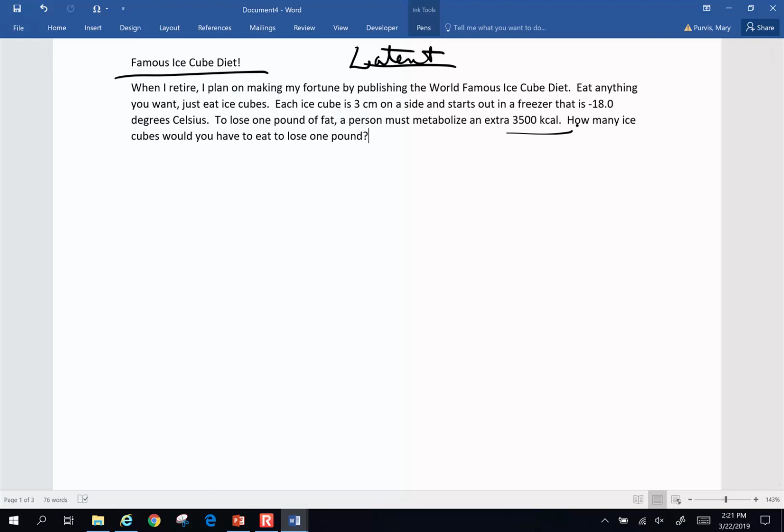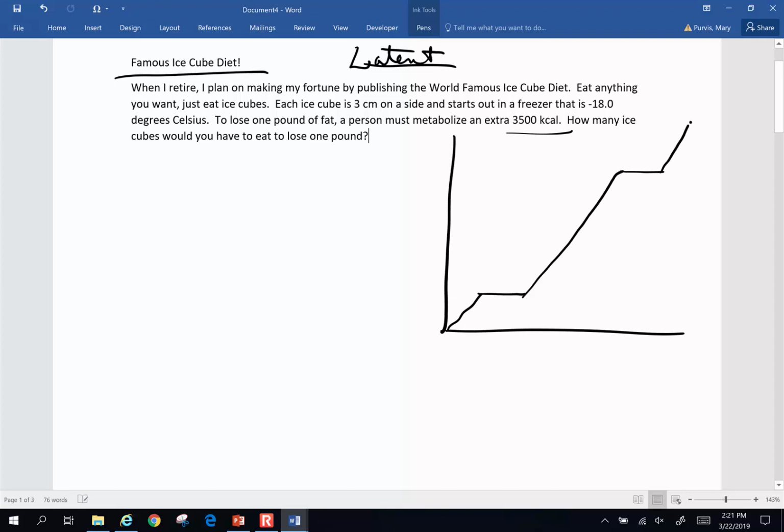Well, we're going to go back to that latent heat graph. And as you recall, it looks something like this. And let's think about this. If I start out with little ice cubes, what changes are going to go through the heat of those cubes as I eat them?